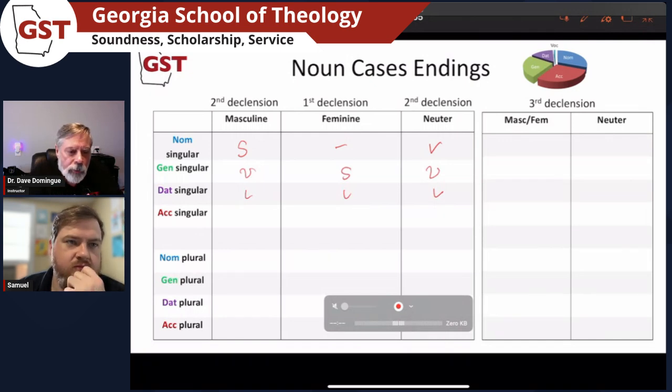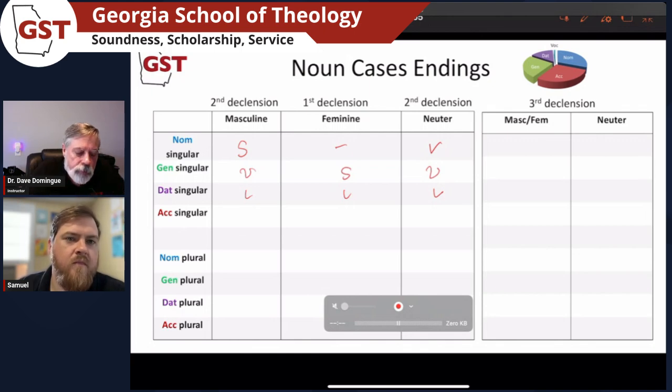The alpha, the eta, and the omega: the eta and omega are always long vowels, but the alpha can be long or short. So the iota subscripts if possible. The possibility is when it's coming up against a long vowel: the eta, the omega, and sometimes the alpha. The alpha is sometimes a long vowel, so that's why it subscripts. What you're going to find when we get to third declension is that it will not subscript, and we'll get to that in a minute.